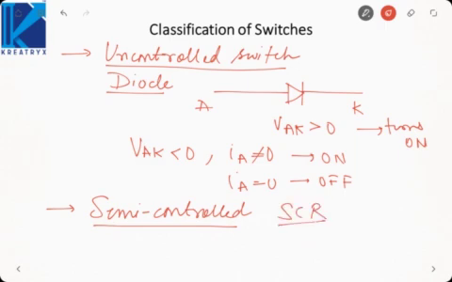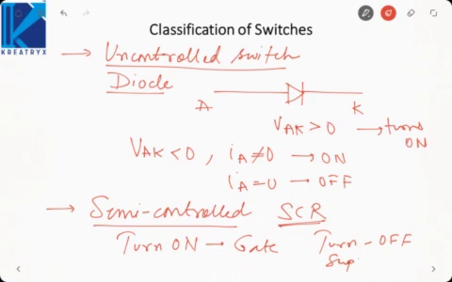SCR. Here we can control the turn on by the gate signal, but turn off will depend on the supply, like the case of a diode. During turn off, it just behaves like a diode, so turn off is uncontrolled. Those sorts of switches are called semi-controlled switches.